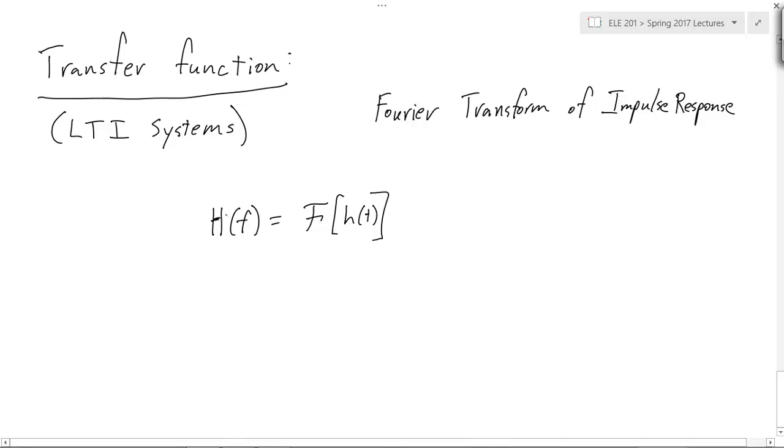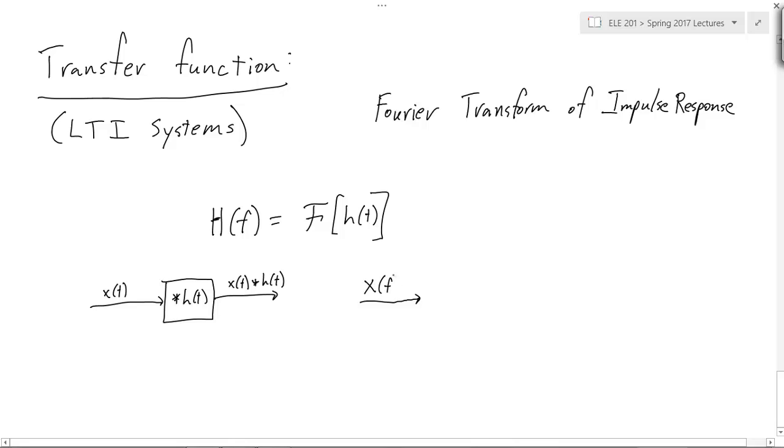Because an LTI system in time is always doing a convolution, in comes x of t and out comes x of t convolved with h of t. Here we get to put everything together that we've learned. We know that an LTI system does convolution, and that convolution is best understood in the frequency domain because of the convolution property.